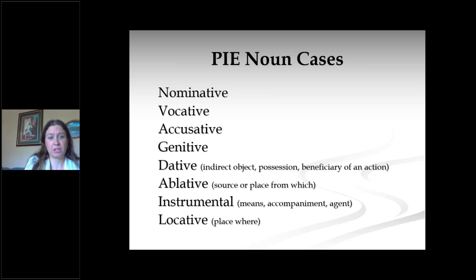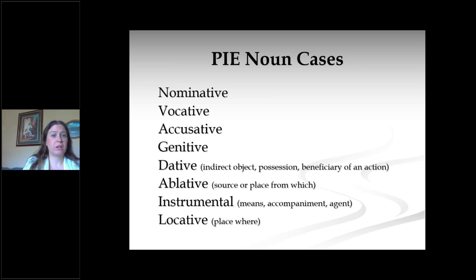The ablative case was the source or the place from which. Instrumental case was the means, the accompaniment, the agency by which an action was done, and the locative was the place where. And those are simplifications of how the case system functioned, but just in general, those were the functions of the different cases.